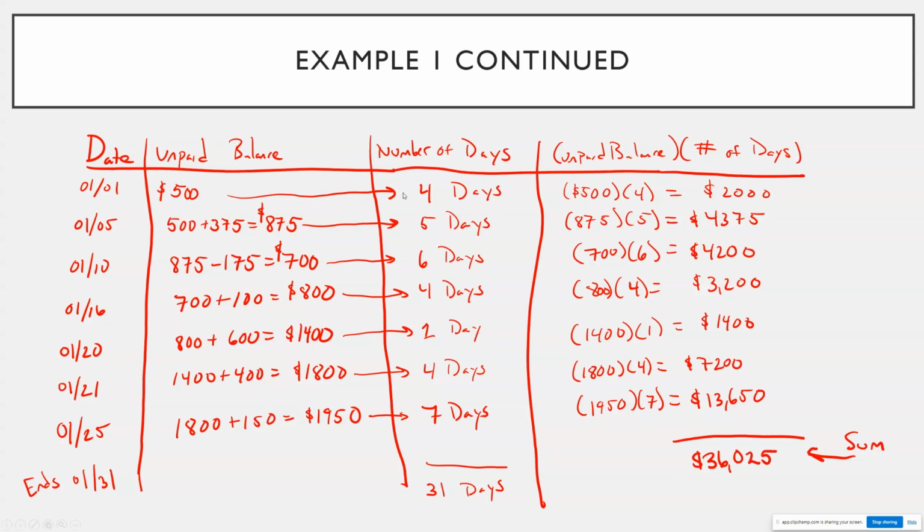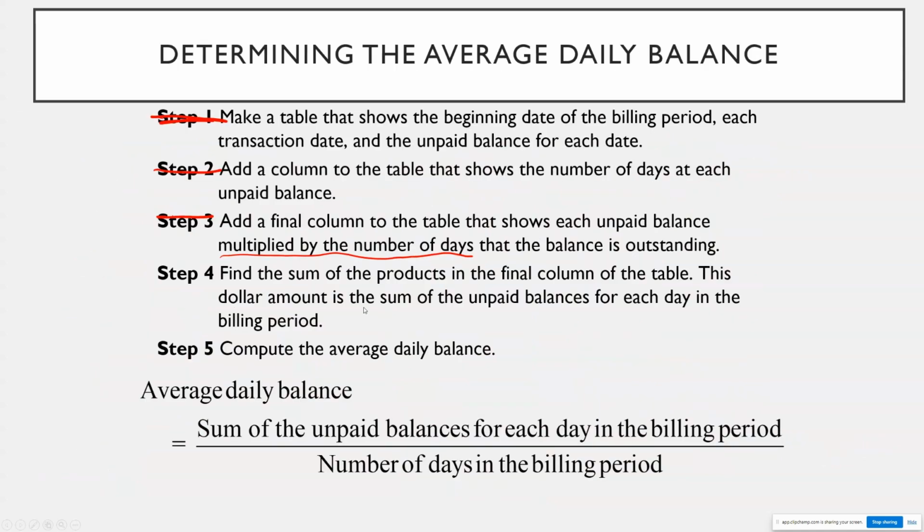Okay. Now we can compute that average daily balance. It's the sum of the unpaid balances for each day in the billing period divided by the number of days in the billing period. All right, let's do it.